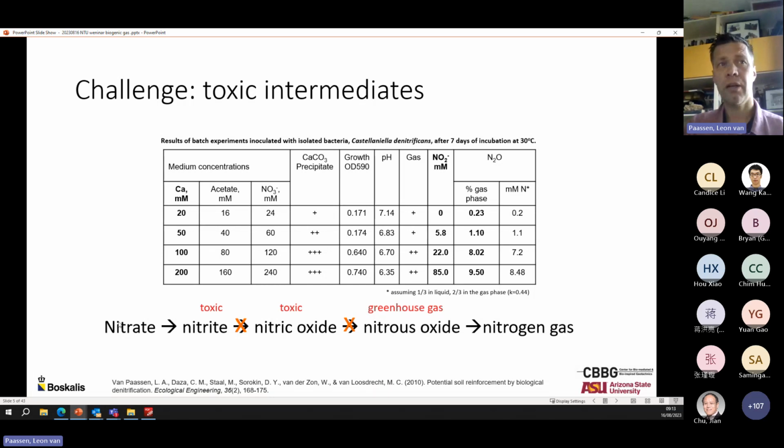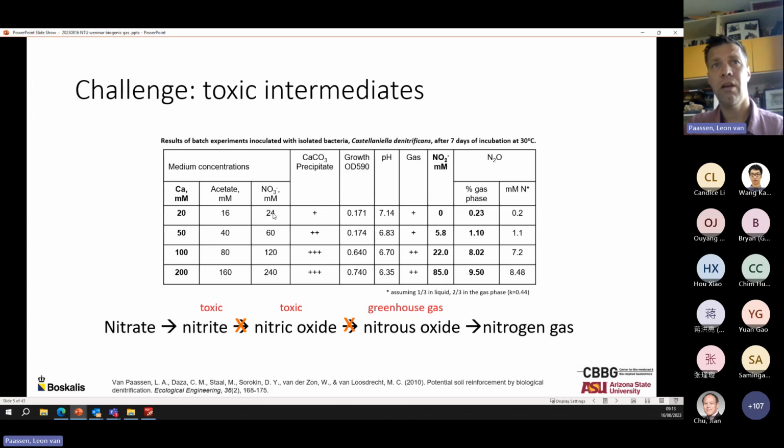If you now use high concentrations, several of these steps, which all involve different enzymes, are inhibited by the presence of these intermediate compounds. So to avoid this inhibition and accumulation of intermediate compounds, concentrations need to be low. And actually we've done some batch tests here, which demonstrate how much nitrate is formed depending on the initial substrate concentrations.